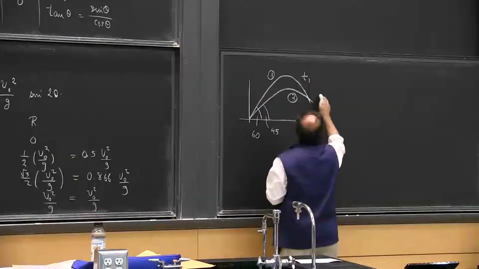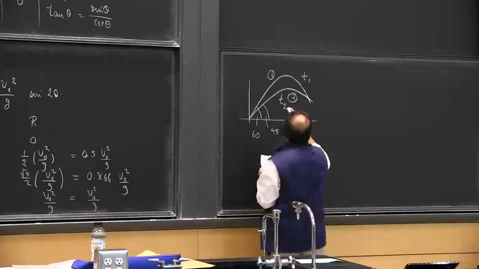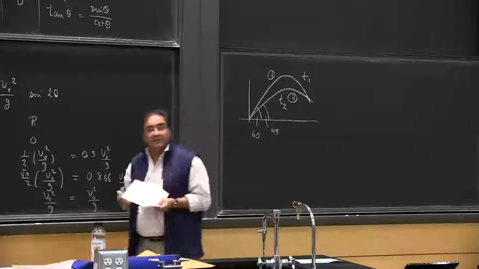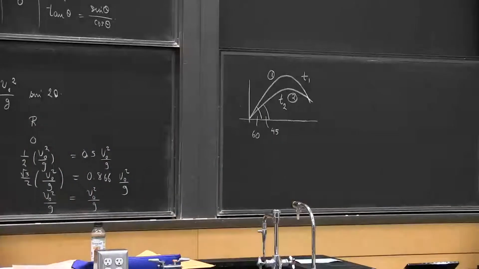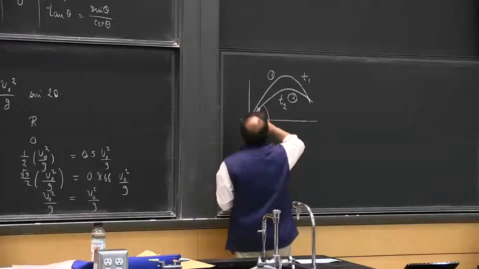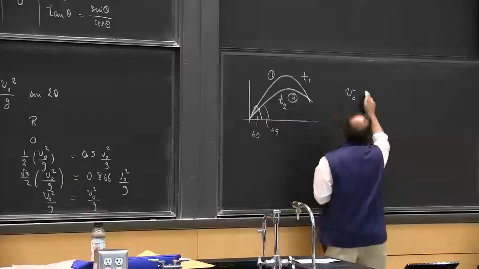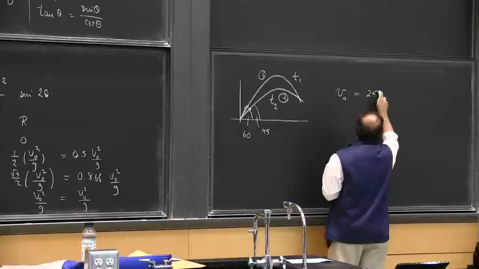And the second missile flies for time t2. Naturally, the second missile has been fired later. Suppose I know that v0, which is the velocity at which it is being launched, v0 in both cases is 250 meters per second, let's say.